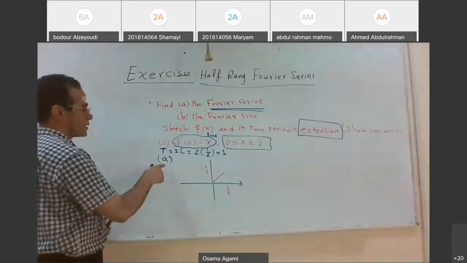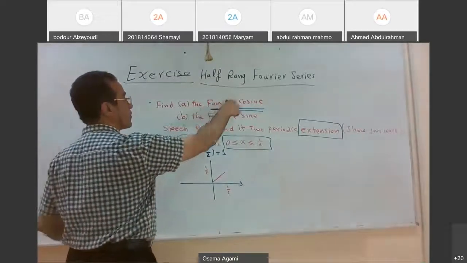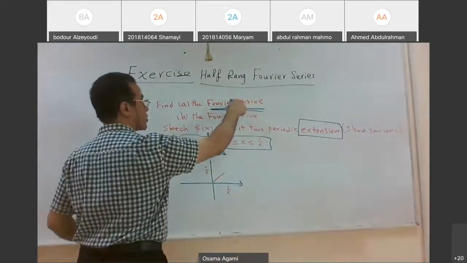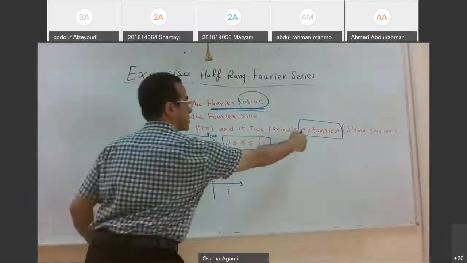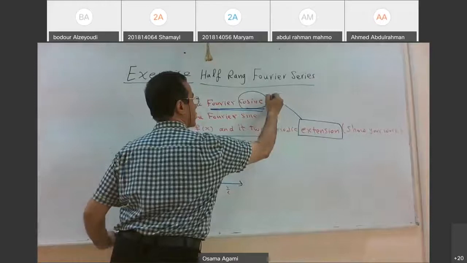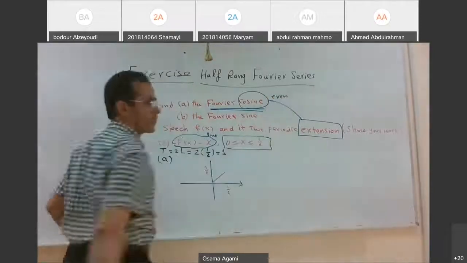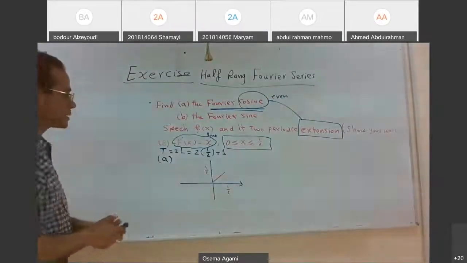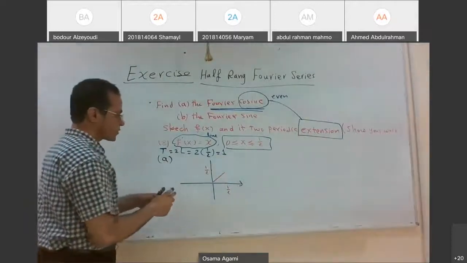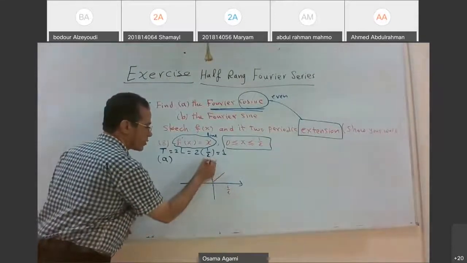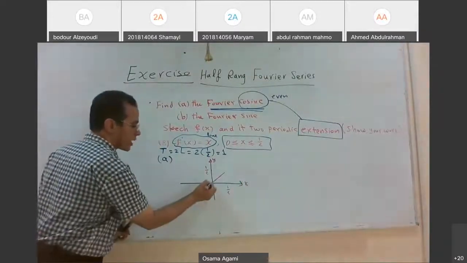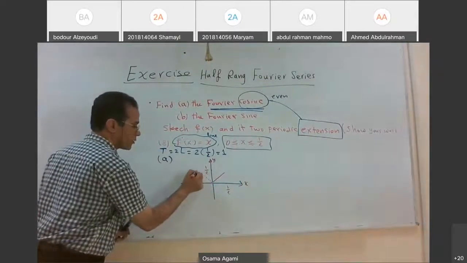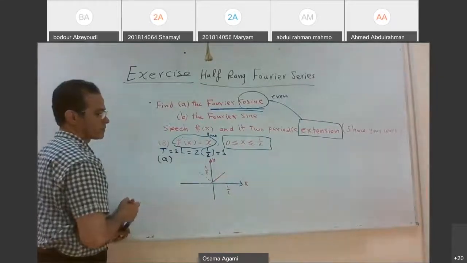In section A, he's asking you to find the Fourier cosine series. Once I have cosine, it means I have the extension to make it an even function, right? The even function should be symmetric with respect to the y-axis, so I have to complete this one to be similar to this one.